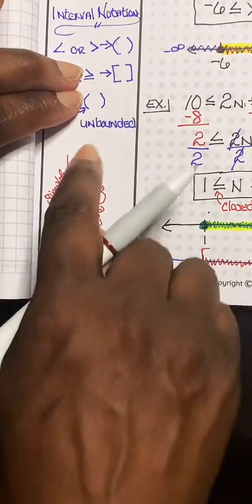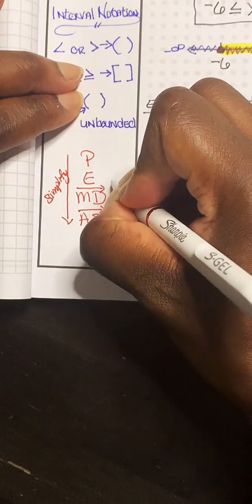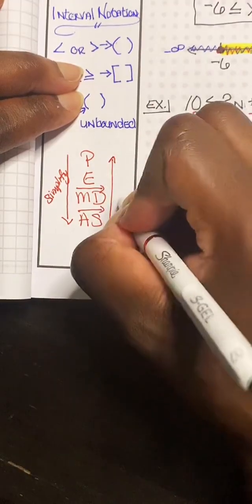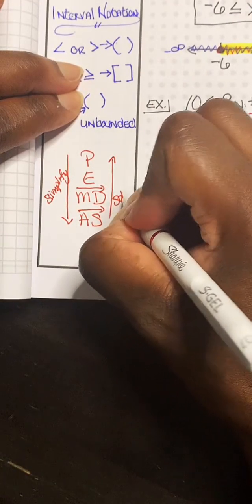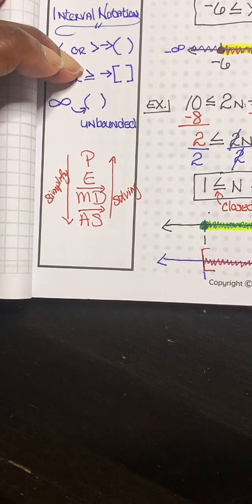Okay, so when you're simplifying, you're going down. When you're solving, sometimes you will go up. Okay. Okay, not a problem.